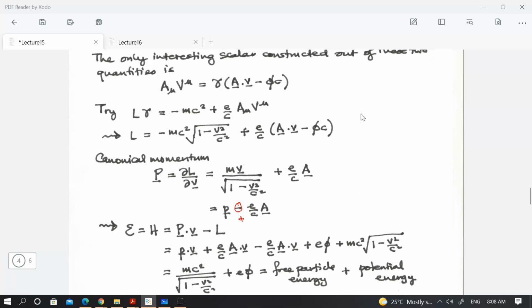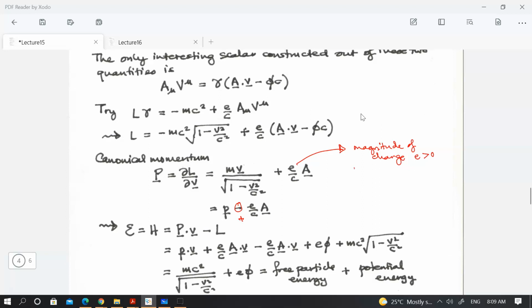So here, one should remember that this is just the magnitude of the charge, which in this particular case is E, which is positive because its magnitude is greater than 0.